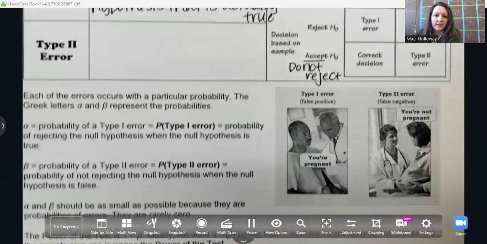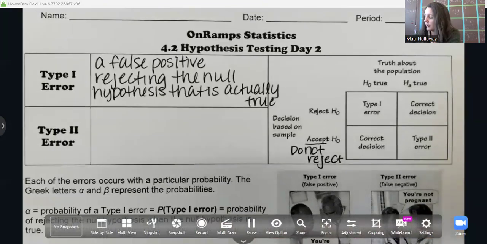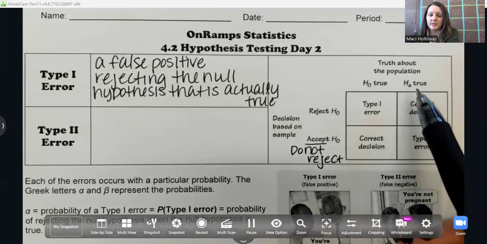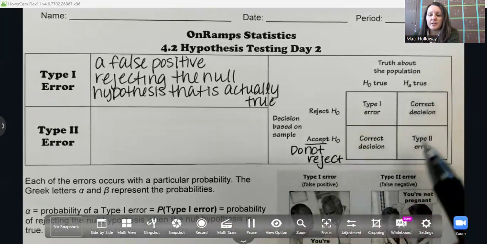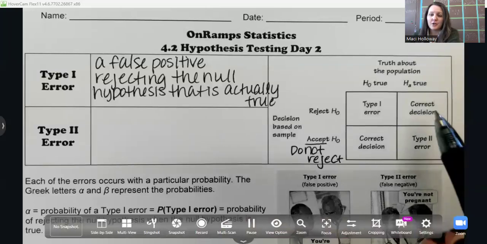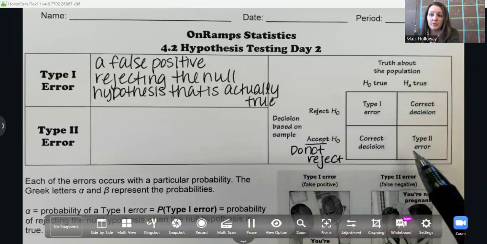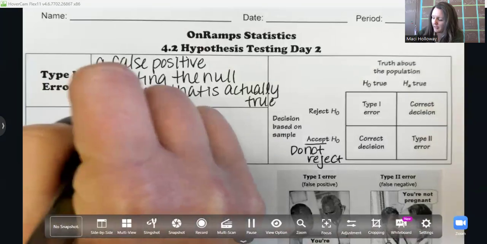He's obviously not. A type 2 error is when your alternative hypothesis is true, except you do not reject the null hypothesis. So when you're supposed to reject, but in fact, you accept when you should not. This is called a false negative.